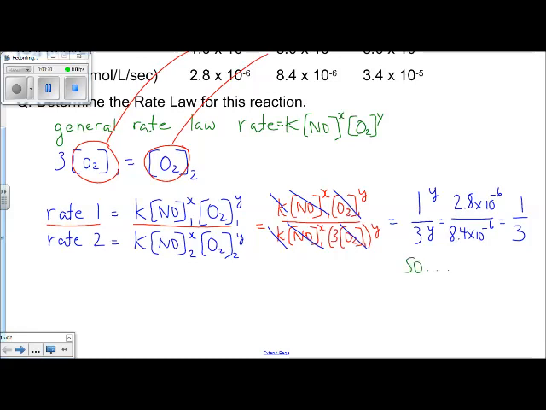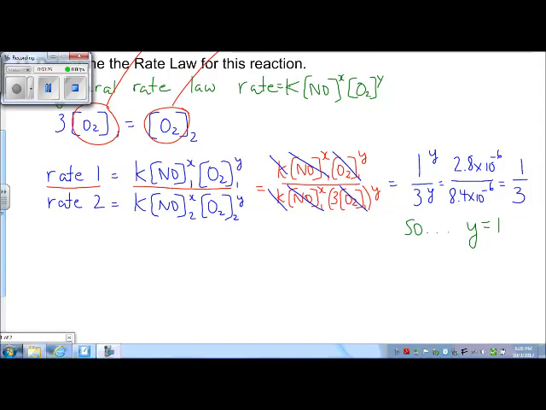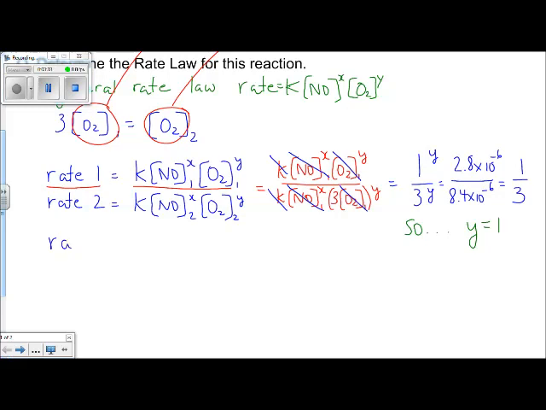Now we're going to do the same thing to discover X, the order with respect to NO. And we're going to do this by comparing the data in experiment 2 to the data in experiment 3. And that's because from experiment 2 to 3, the molarity of O2 stays constant, but the molarity of NO is doubled.